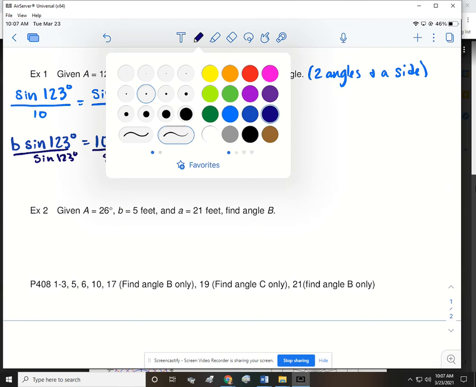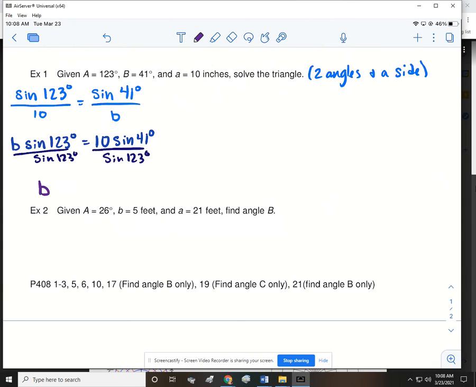So B is equal to 10 sine of 41 degrees over the sine of 123 degrees, and technically that's in inches.